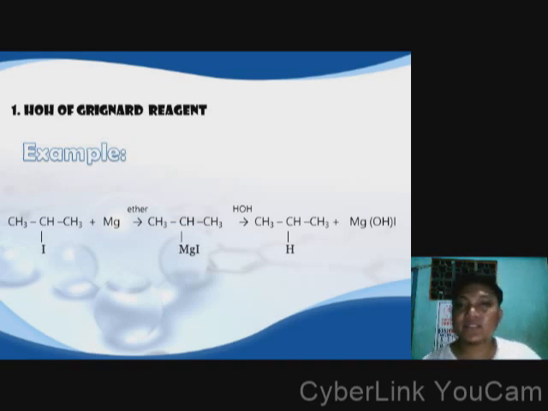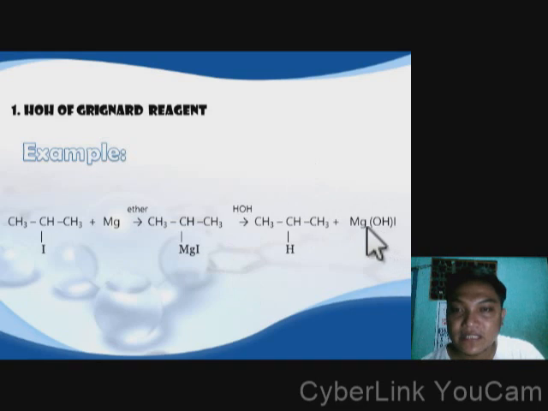Okay. So, this is already your 2-iodo-propane, and this is your Grignard reagent, alkyl magnesium halide already. Diba? And then, forming you, what?